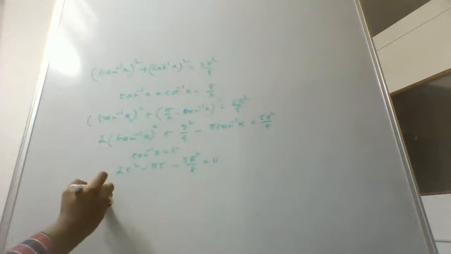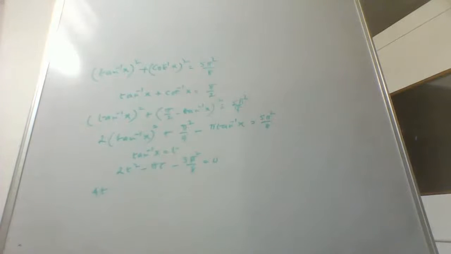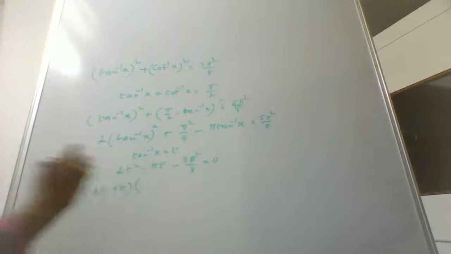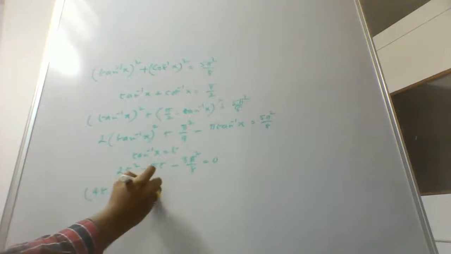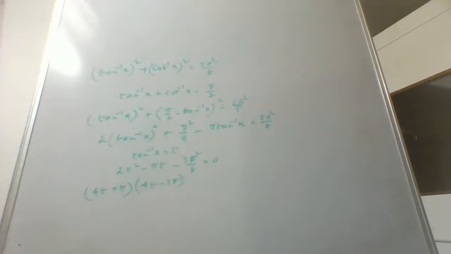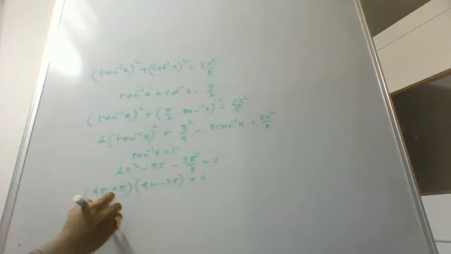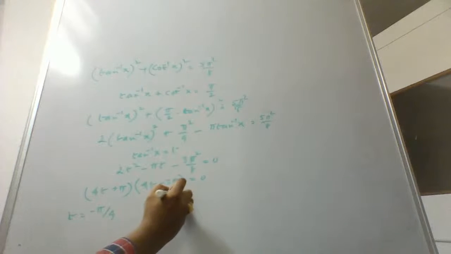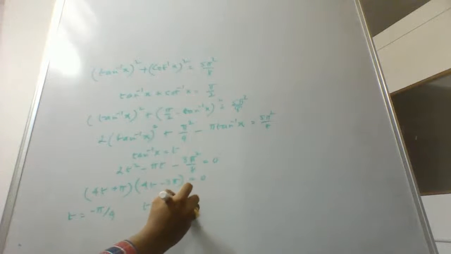Now further if I simplify, this is 4t plus pi into 4t minus 3 pi, which is equal to 0. So t is minus pi by 4 and t is 3 pi by 4.